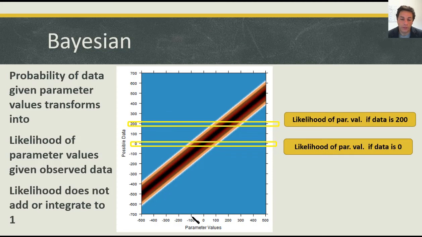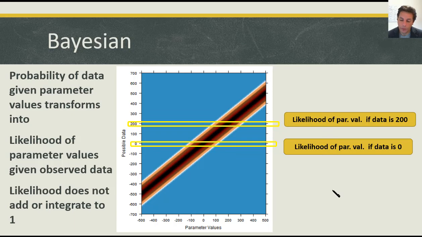For -100, the most likely value in the sample is -100, and again values closer are still probable. The further away you go from -100, the less likely. And for, say, 400, the most likely value in the sample is 400, but values close to 400 are still likely. Values that are not close to 400 are less likely or almost impossible. So that's the likelihood. That's the way we come up with the likelihood.